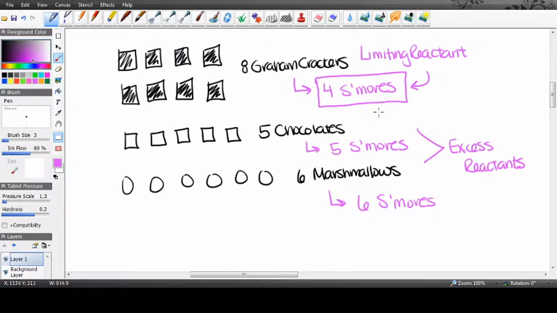And that amount of product that you should be able to make is called your theoretical yield. It's how much you should be able to make. Now, of course, if somebody steals one of your graham crackers or you burn your s'more in the fire, maybe you don't actually make 4 s'mores, but theoretically, that's how many you should be able to make. All right, so let's go ahead and apply this to an actual chemical reaction.